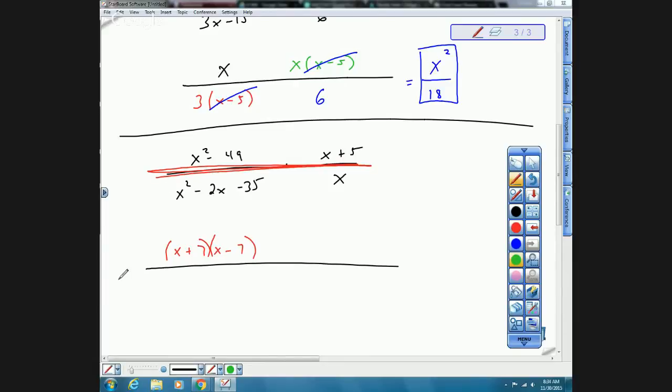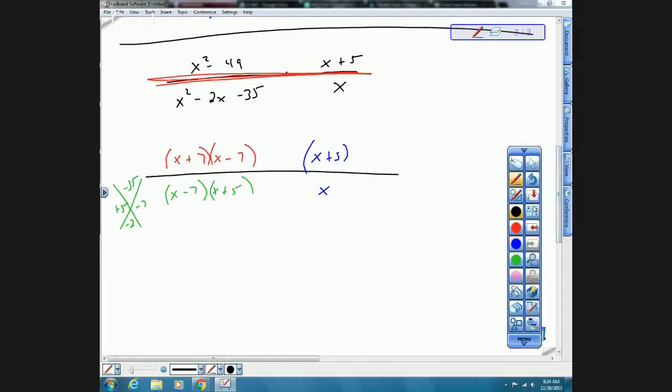In the bottom left, I'm looking at what multiplies to be negative 35 and adds up to be negative 2. Negative 7 and positive 5. I can't do anything on that one. Can't do anything on that one either. So the X plus 5s cancel out, the X minus 7s cancel out, and I end up with just X plus 7 on the top and an X on the bottom. And again, there's 3 terms there, so I can't just cross the X's out.